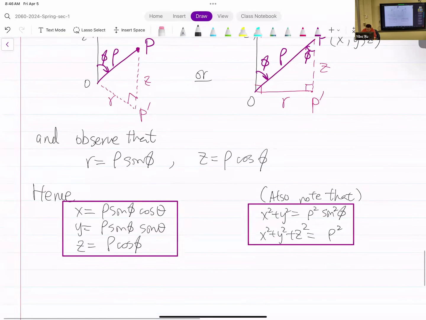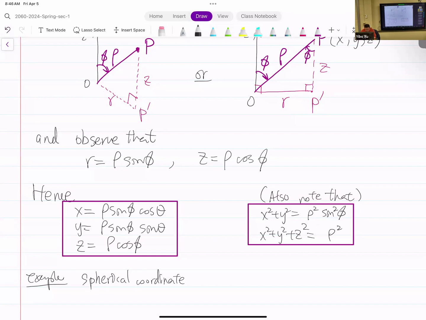Example: let's say we have a point given in spherical coordinates, (2, pi/4, pi/3).